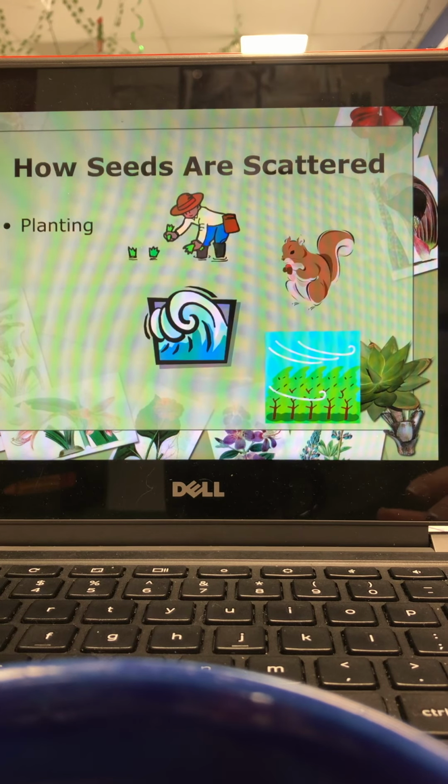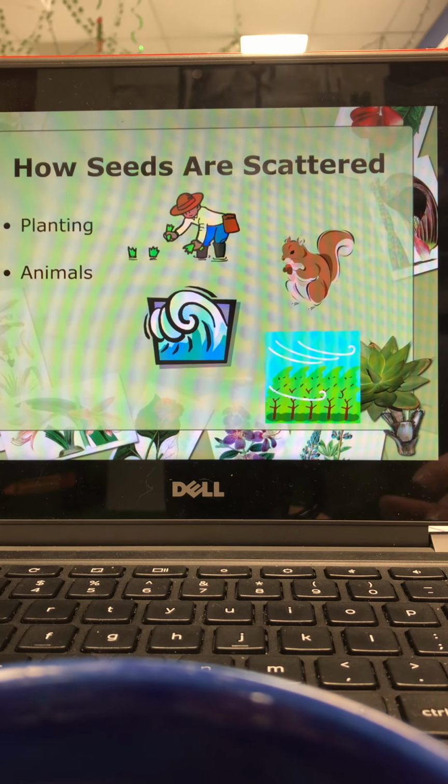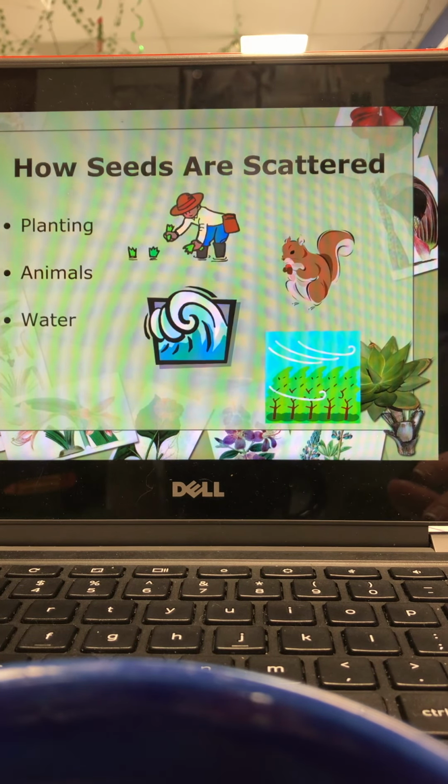You can either plant them. Animals like the squirrel eat seeds and they also scatter seeds. We know that water can take the seed somewhere. And last but not least, we know that wind also does the same thing.